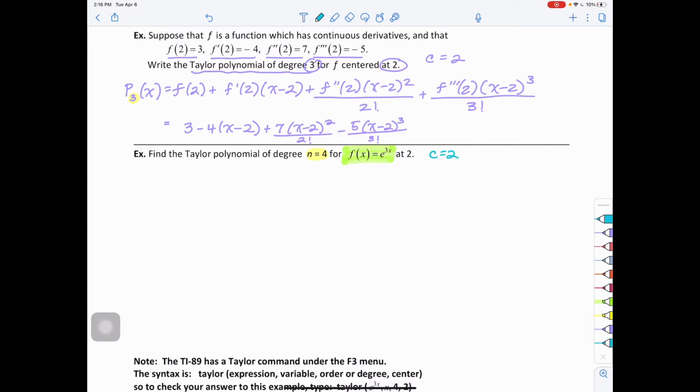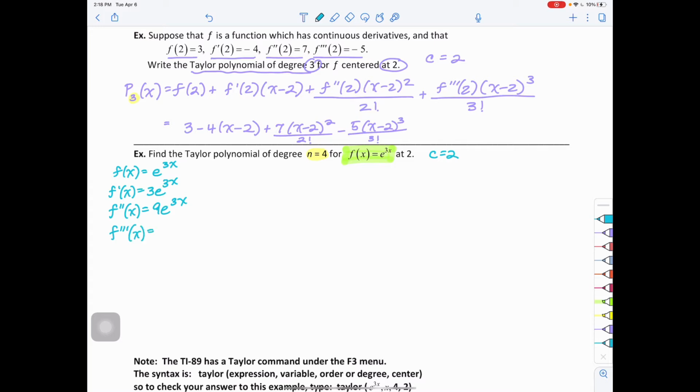We have to find them. So let's go ahead and find them. Let's find our derivatives first. Our function is e to the 3x. f prime of x is 3e to the 3x. f double prime is 9e to the 3x.